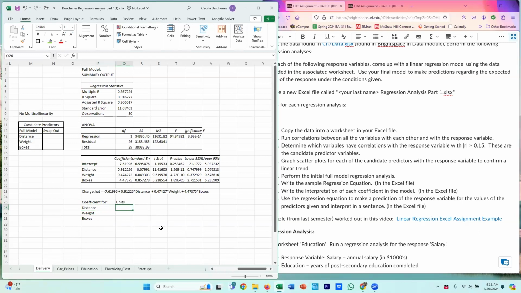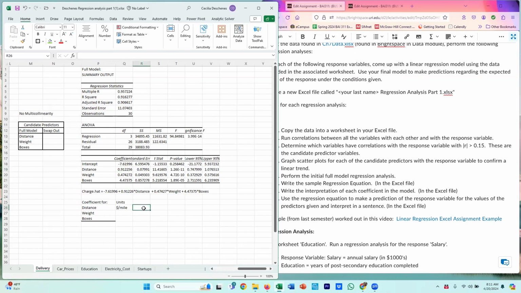Distance. So the distance is going to be units of rise over run, so it's always going to be for the charge. So it's dollars per mile. Dollars per mile. So now we're going to provide an interpretation, and the units guide us as to what to write in plain English. We're going to look at that coefficient for distance and interpret it as dollars per mile.